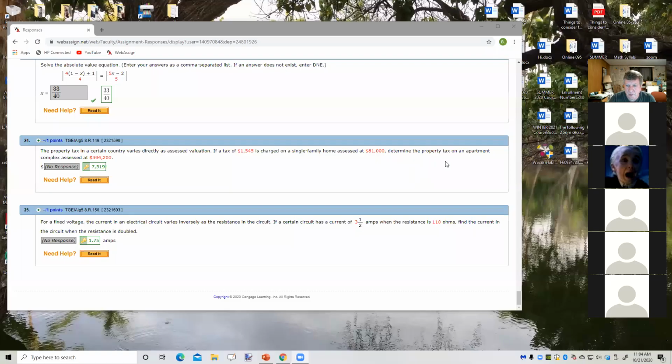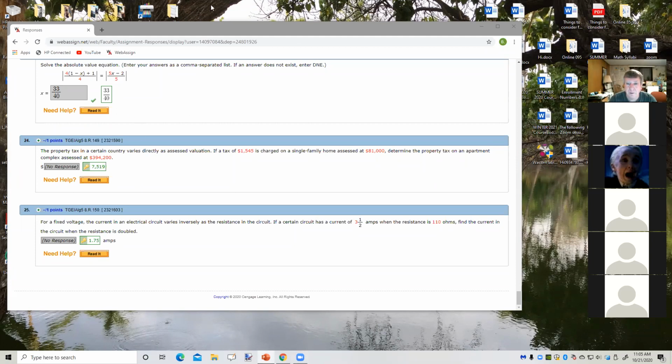It says determine the property tax on an apartment complex assessed at $394,200. So that's the value. So T equals 1,545 over 81,000 times $394,200.